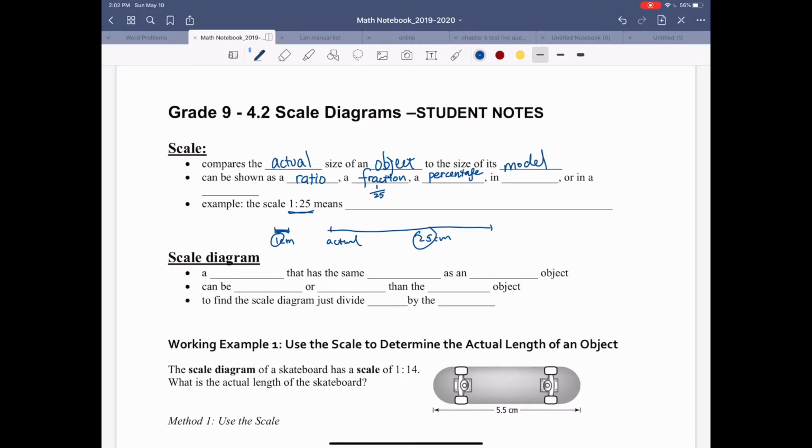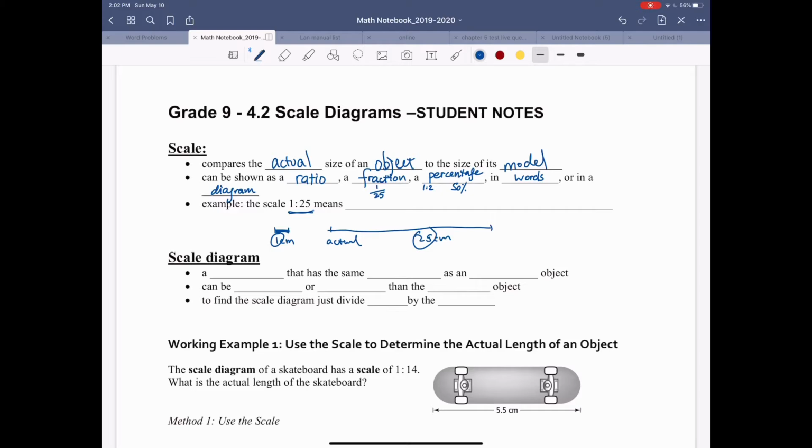Let's say I want a 1 to 2 ratio: the model shrinks to half of the actual size, so we say the percentage is 50%. The model is 50% of the original. You can also describe it using words, or in a diagram, but we're just going to talk about ratios and fractions here most often.